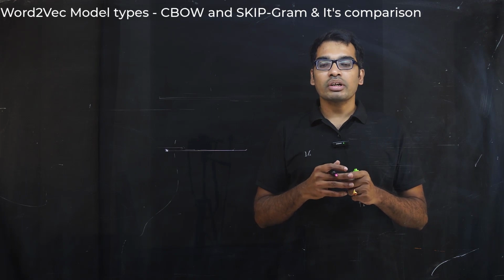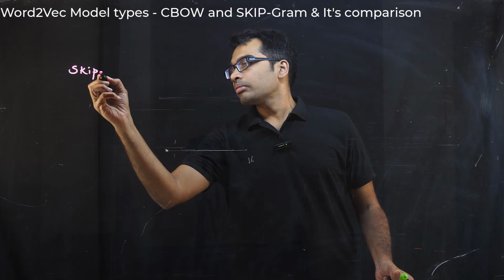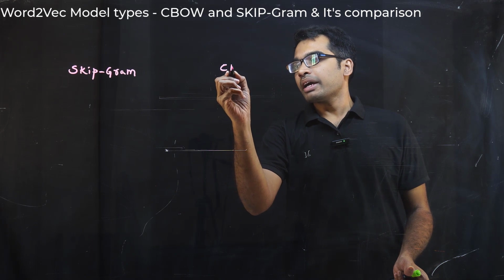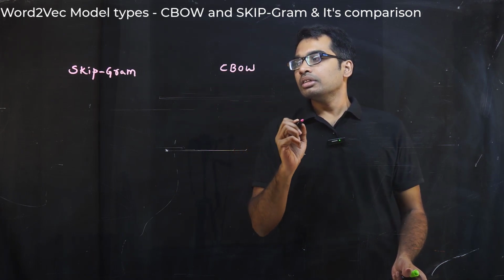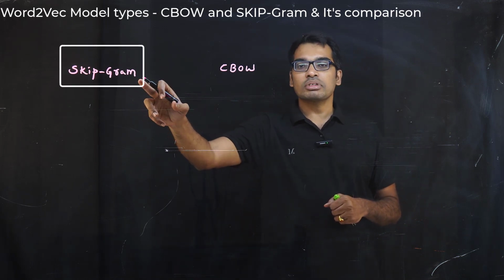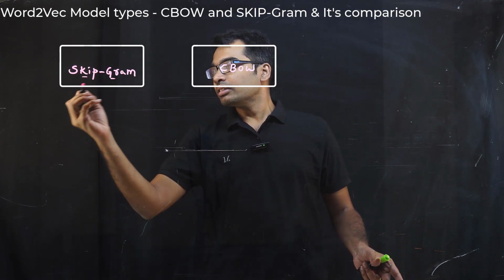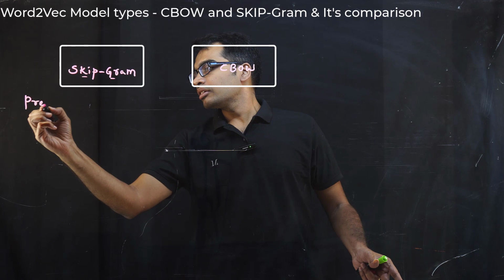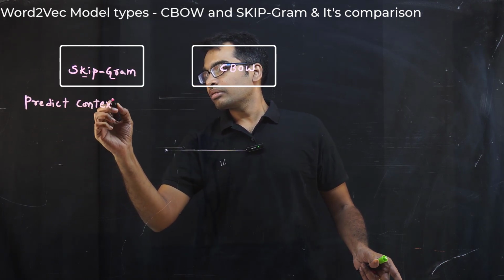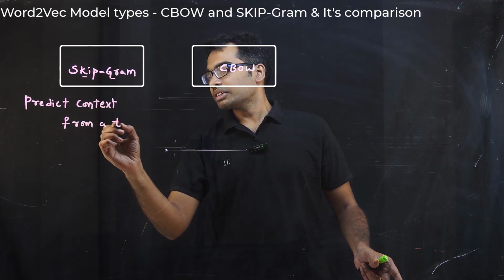We will discuss the different types of Word2Vec models. We have two types of models in Word2Vec. One is the skipgram. The other one is the continuous bag of words, CBOW in short. In the skipgram, we predict the context from a target word.